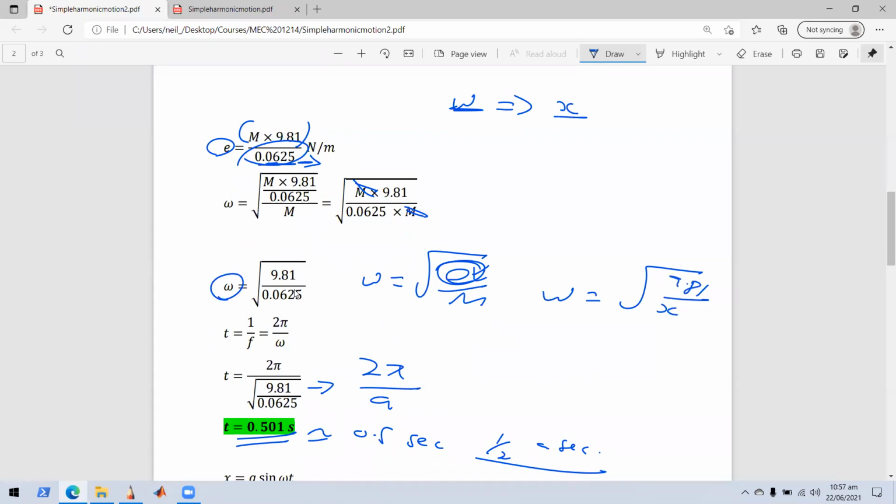It's not 9.81 over x. Omega is e over m. It just so happens that we're allowed to cancel out and we end up with that because the mass was the same, so it just cancels out. Okay, all right, sir. Thanks for the clarification.